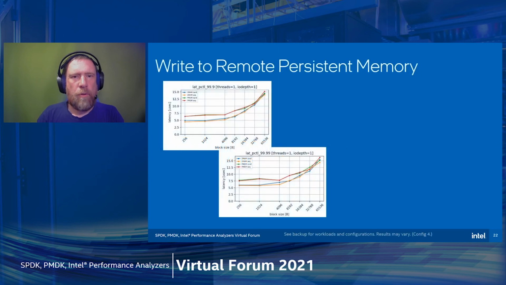Let's start with remote write operation. You have already seen some results at the beginning of this presentation. But what you could see in details is that RPM write latency seems to be very predictable and stable. The bigger data chunks are used, the closer to the remote DRAM performance we are.